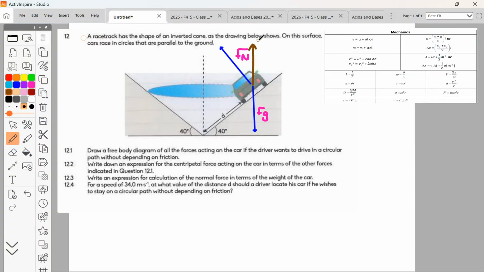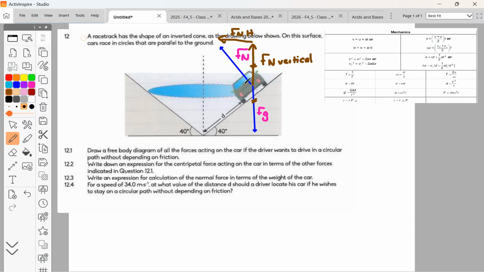because there is no movement in the vertical direction, these two forces should cancel each other out. So this is going to be F normal vertical. I would not call it Y because it's not your perpendicular component, but I'm sure it won't be marked wrong. And then this one here will be F normal horizontal.